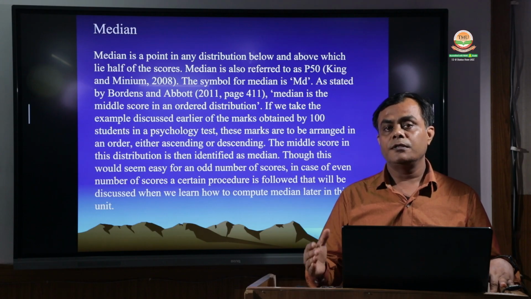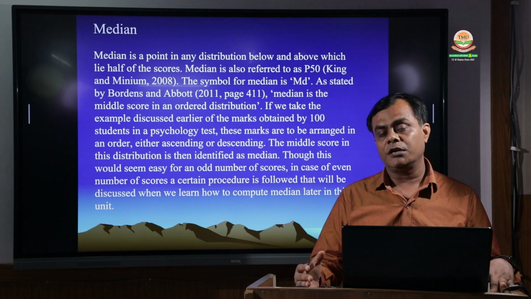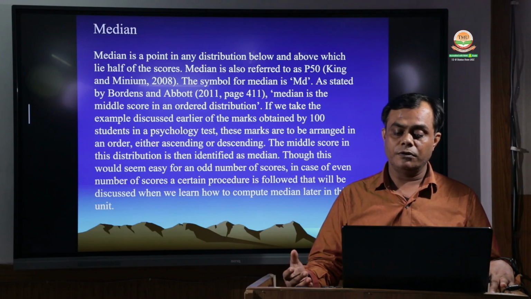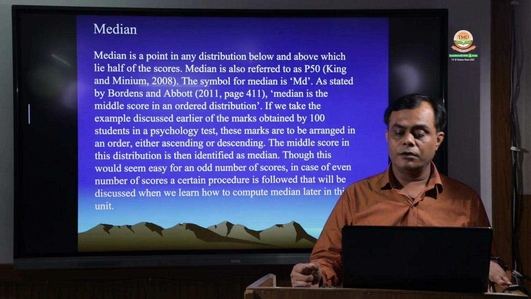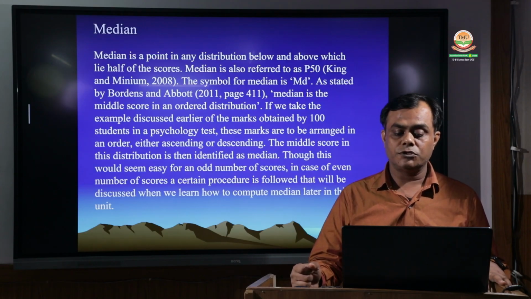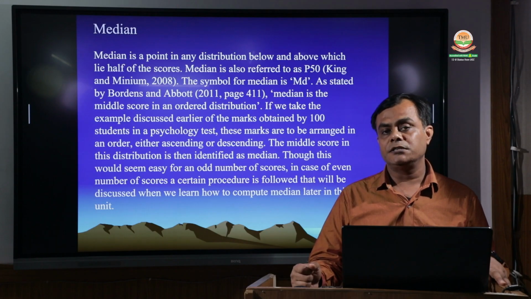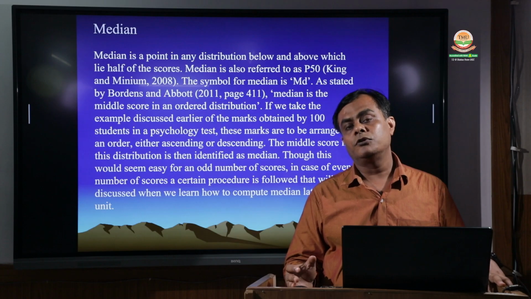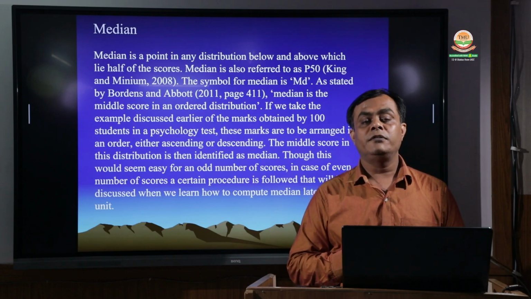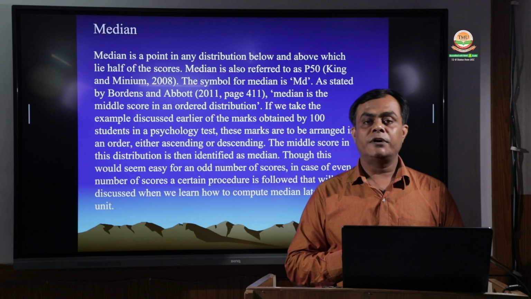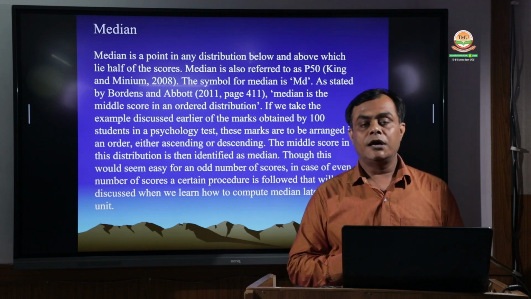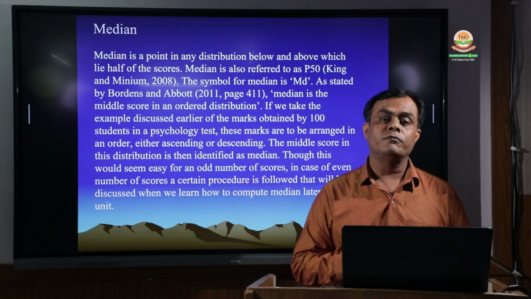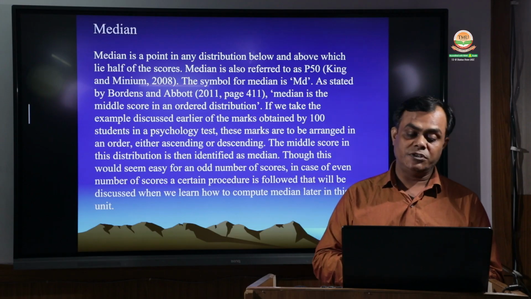The middle score in this distribution is identified as the median. So the whole data is divided into two parts, one lower than that value and another above that value. That type of distribution of the whole data is known as the median.